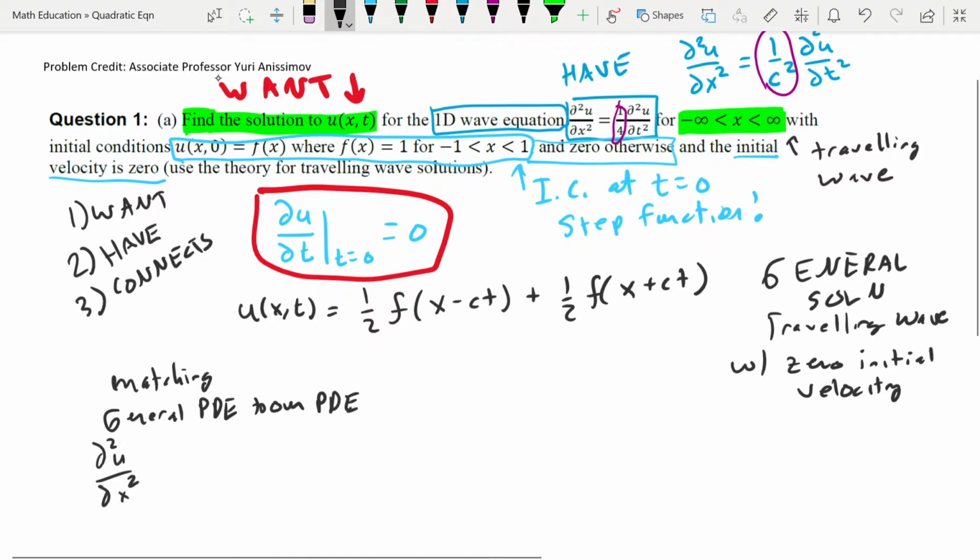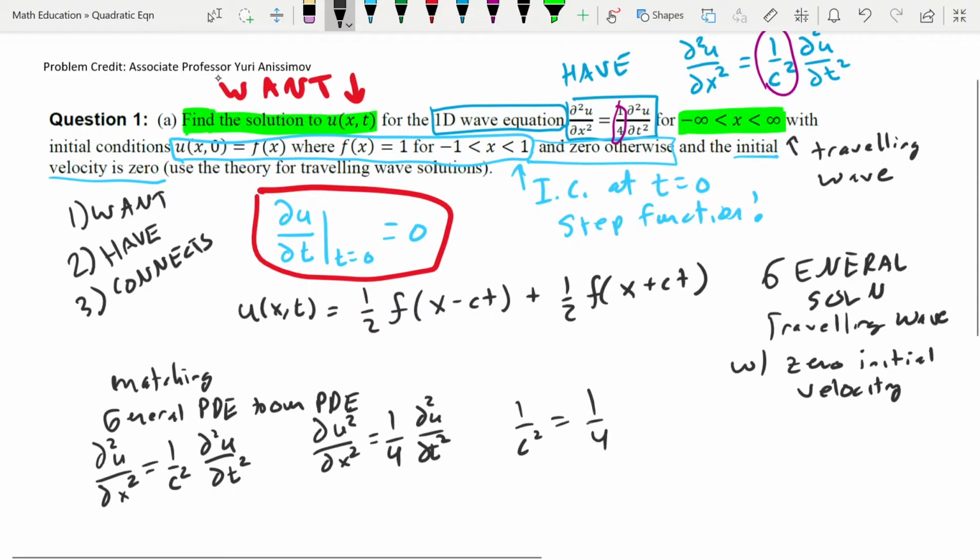I'm being very pedantic here, by the way. You don't need to be this extensive. Is 1 over 4 partial of u, partial of t. So that means that 1 over c squared is 1 on 4. So c is equal to plus or minus 2.